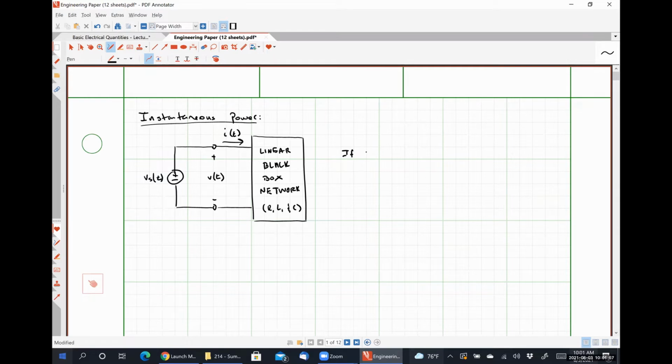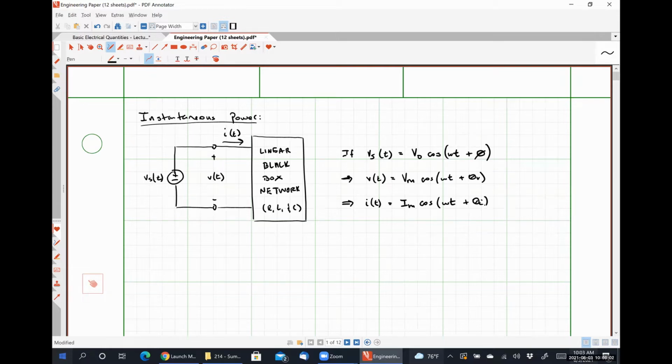And if Vs of t is of the form V naught cosine omega t plus some phase angle phi, then we should observe that V of t will be of the form Vm cosine omega t plus theta v, and I of t will be of the form Im cosine omega t plus some phase angle theta I. So effectively, all I'm trying to set up here is that if we excite this linear black box network sinusoidally, we should see that the voltage drop over the network is a sinusoidal voltage having a particular magnitude, frequency, and phase angle.